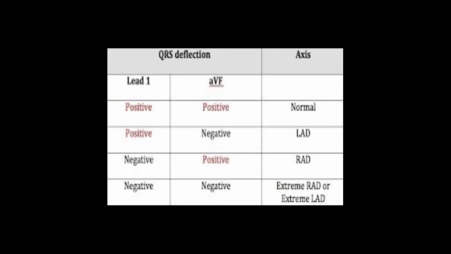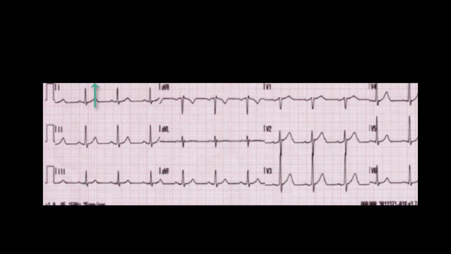Here we're looking at the QRS deflection from the isometric line. For example, in lead 1, if it's a positive deflection, or the QRS is going up from the isometric line, and there's a positive deflection in lead AVF, this would be a normal axis.